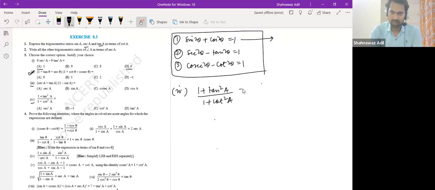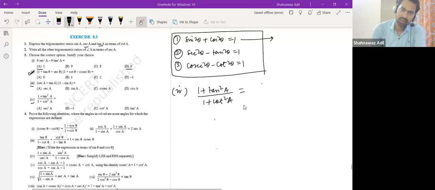So what is 1 plus tan square A, Hashim? Just remember these three parts.